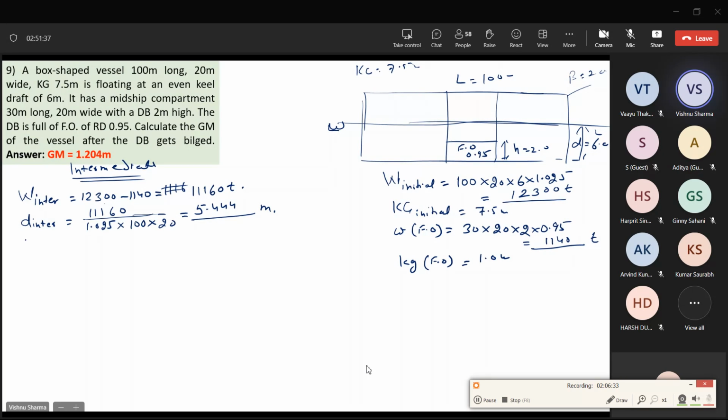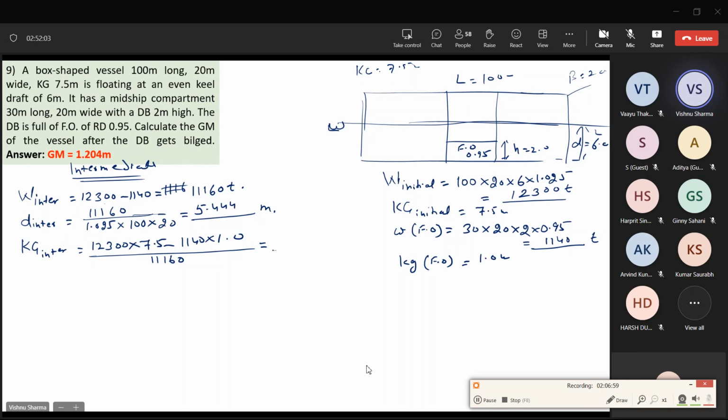And I also find out the KG of the vessel in the intermediate condition. It will be the initial vertical moment, which will be 12,300 into the KG of 7.5, minus the vertical moment of the oil assumed to have been discharged, that is 1140 into 1, divided by the final displacement 11160.